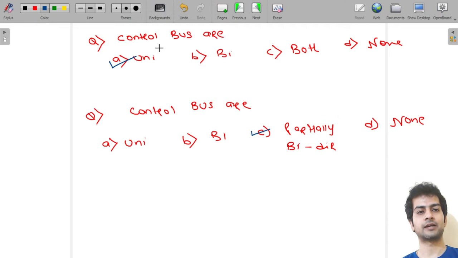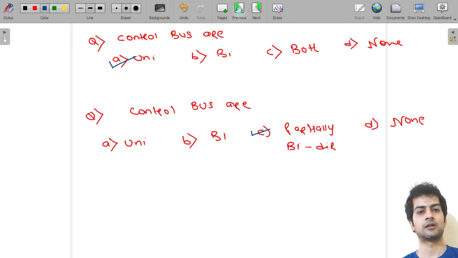I am telling that if you get a question where you have uni, bi, both, none, but you don't have any option regarding partially bidirectional, then go for uni. Don't go for none because uni is given. Go for uni. But if you are given a question where it is mentioned that it is partially bidirectional, then go for C.